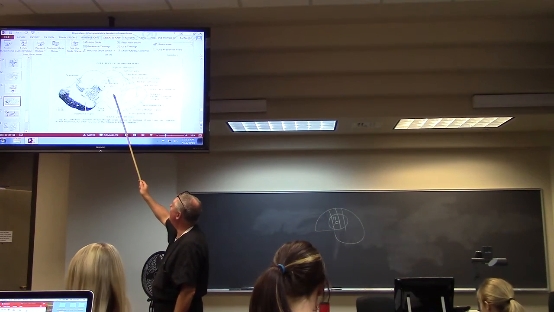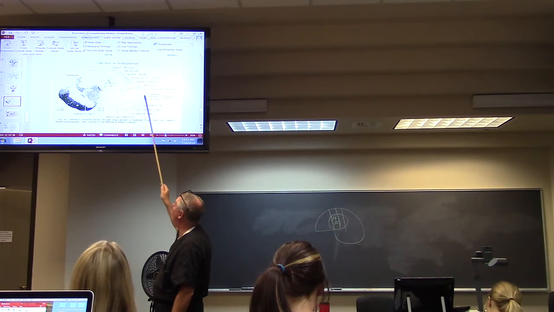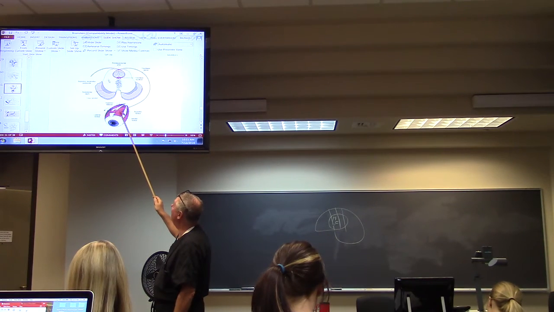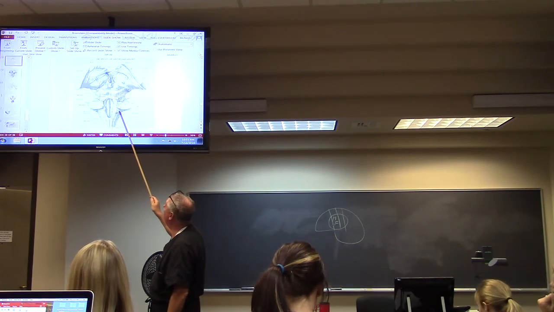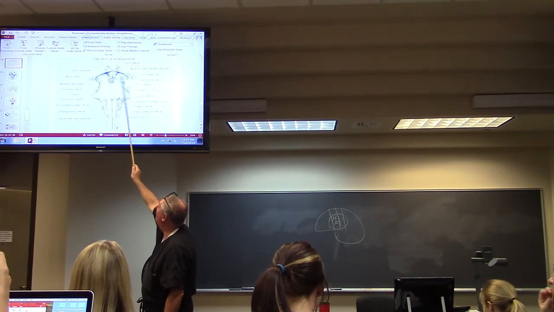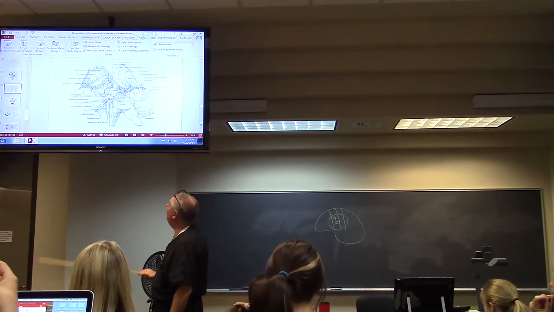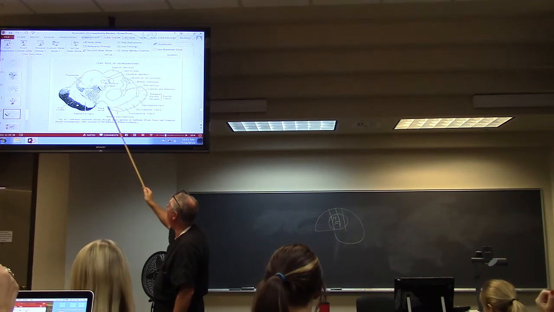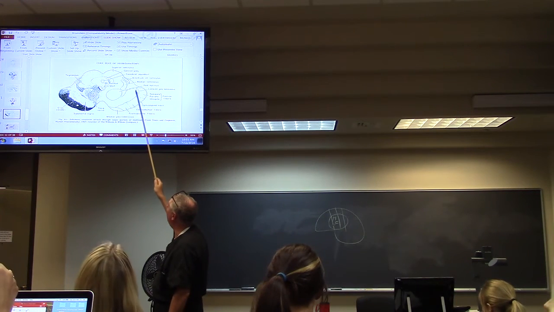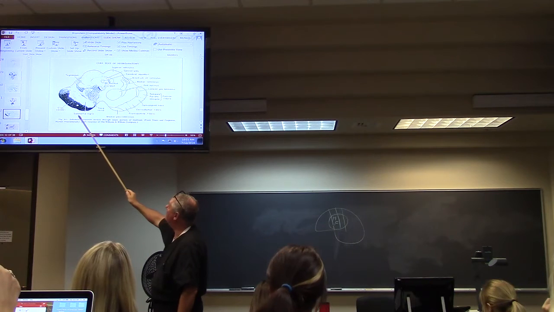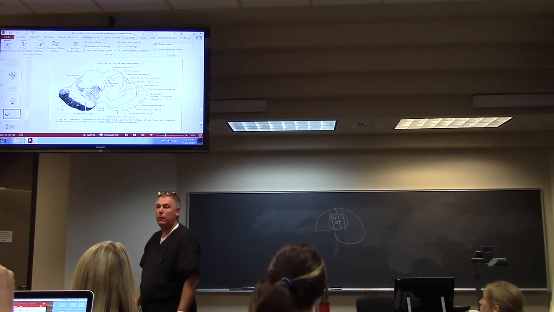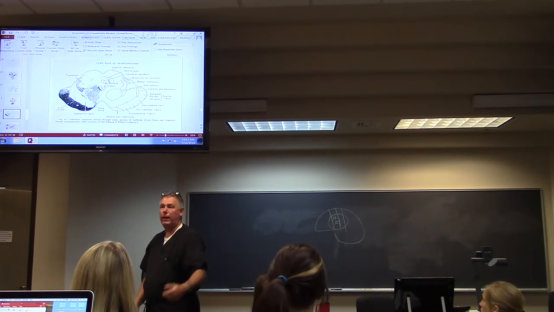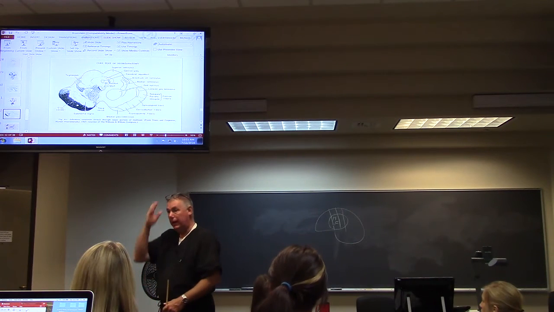Between the red nucleus and the cerebral peduncle, remember there's our cerebral peduncle right there, is this nucleus right here called the substantia nigra. That's where you'll find the substantia nigra, in the mesencephalon.